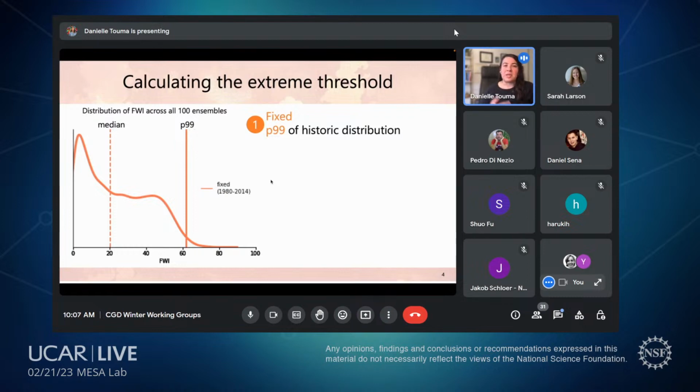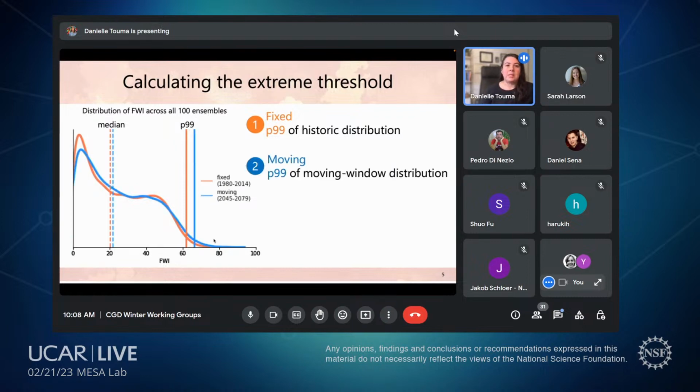In our case, the 99th percentile, but it could be anywhere from the 90th to the 99.9th percentile. Basically, we find this threshold, which is around 62, and we say anything above that is an extreme fire weather event.